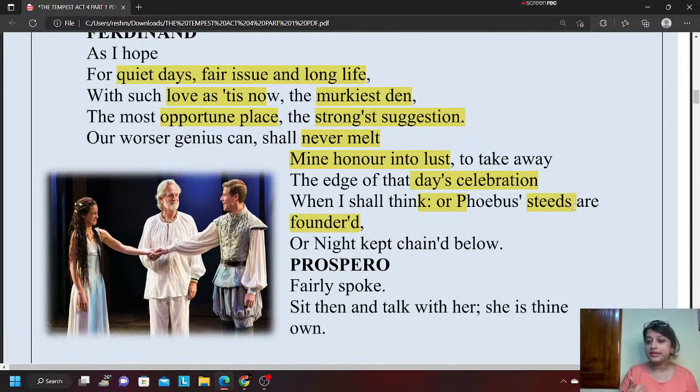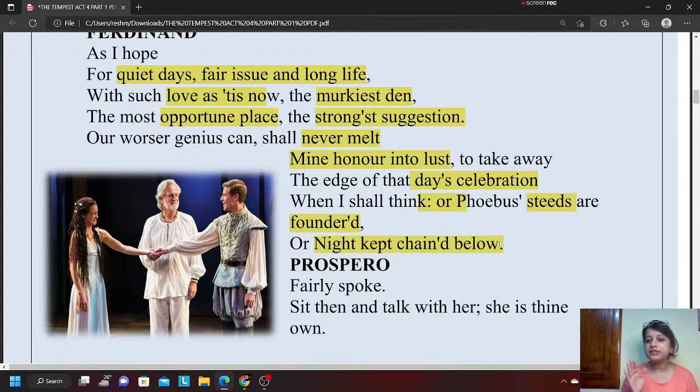So even if that is late, or the night is kept chained below, even if the night does not ever come, I will never indulge in these. What is the main idea? However long the night is, I will not indulge.